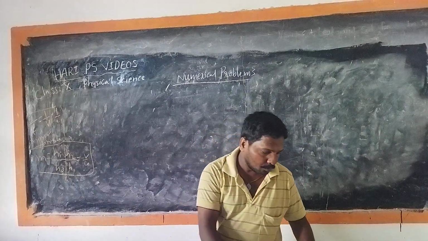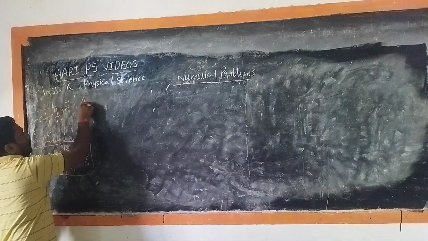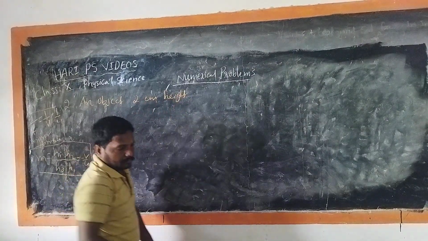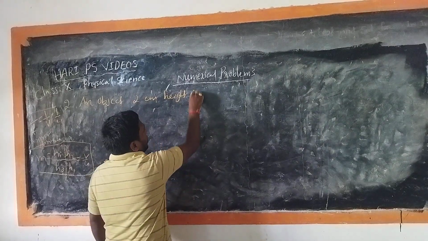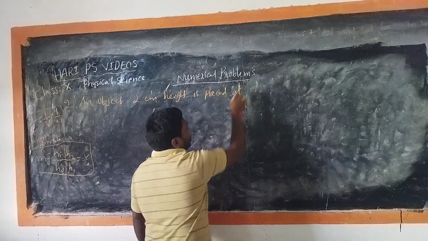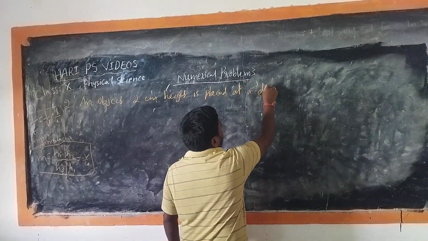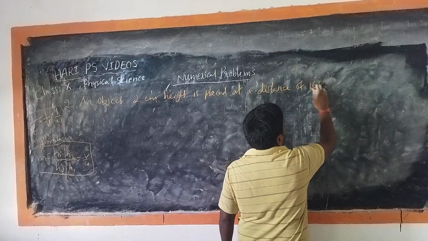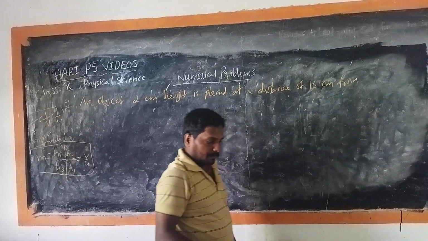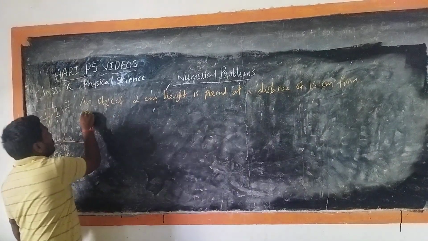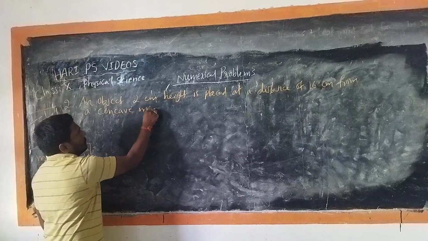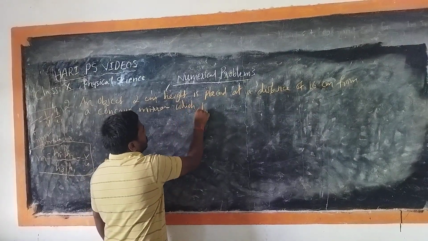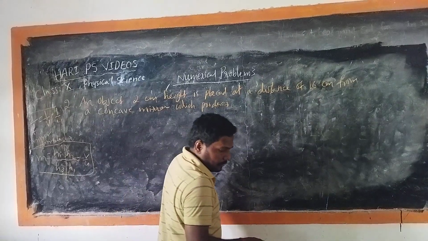Second problem. An object 2 centimeter high is placed at a distance of 16 centimeter from a concave mirror which produces a real image.